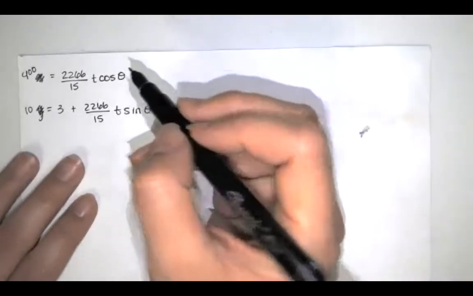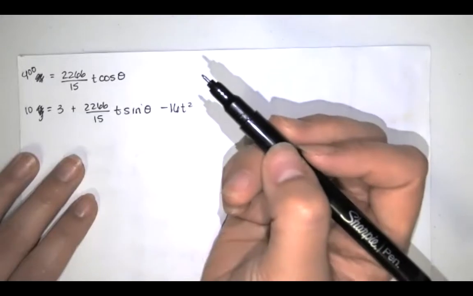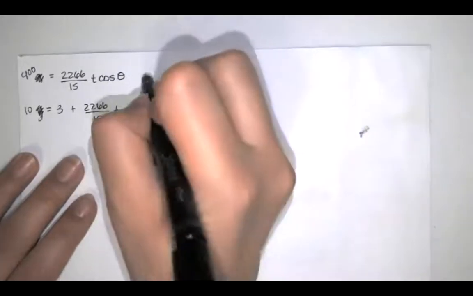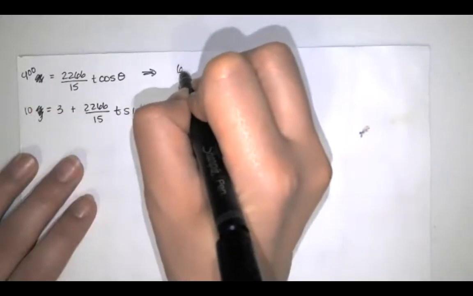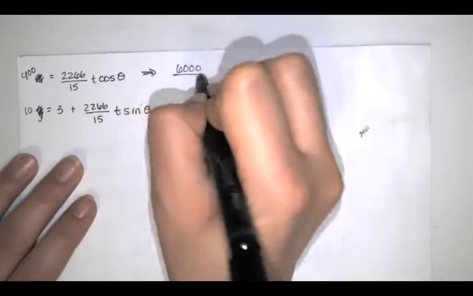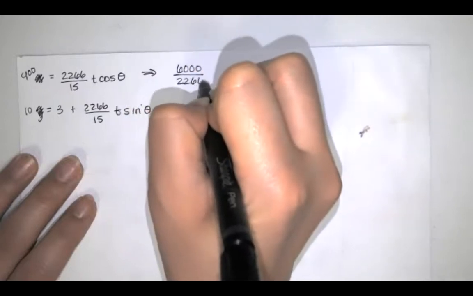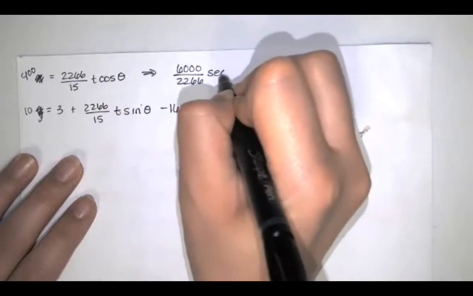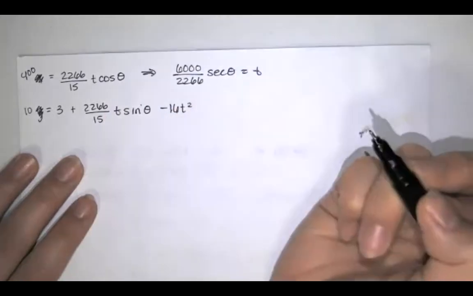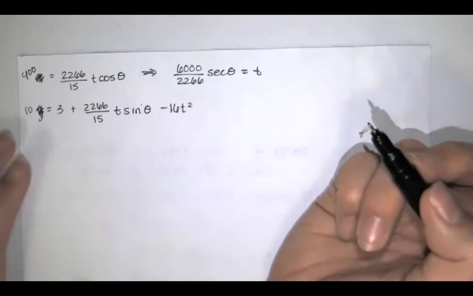So in order to do that, I think I will solve this equation here for t. So let's multiply both sides by 15, and then divide both sides by that 2266, and then also divide by cosine of theta, or multiply by secant, same thing. And then you find out that t is equal to that value.